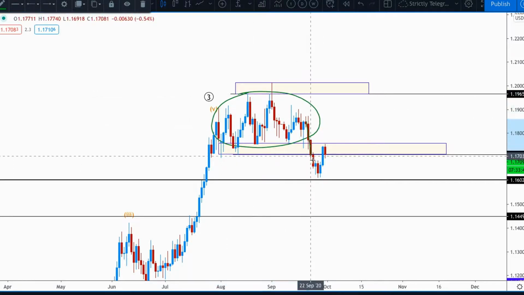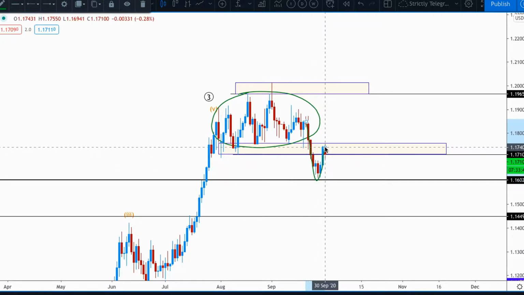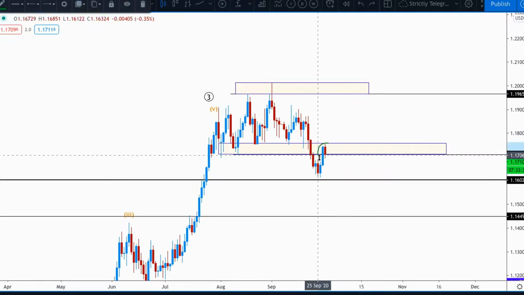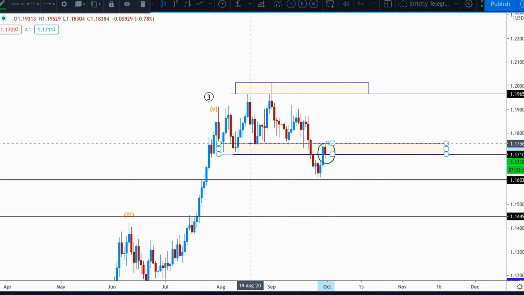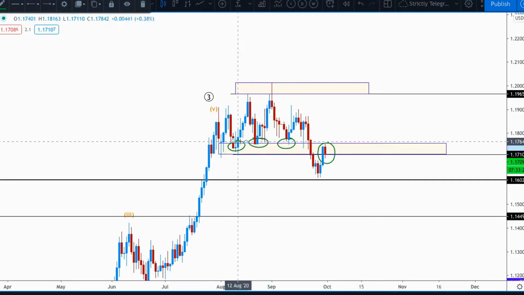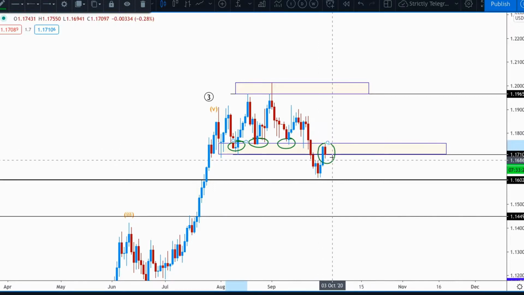Then we got a breakout of that zone followed by a retest, right? Now we're seeing bearish price action coming into the day. This bearish price action is coming naturally out of this rejection level here. Previous support now acting as resistance. We're seeing that coming out.